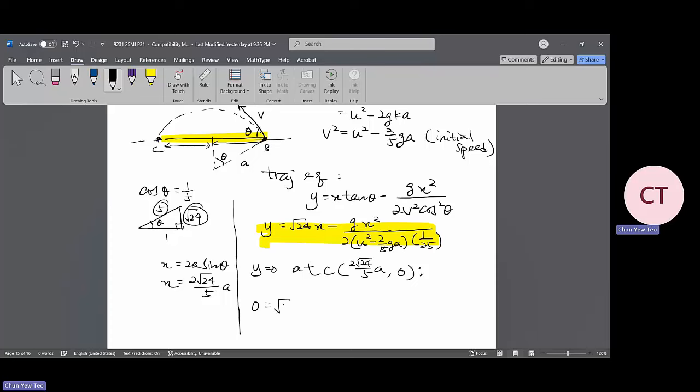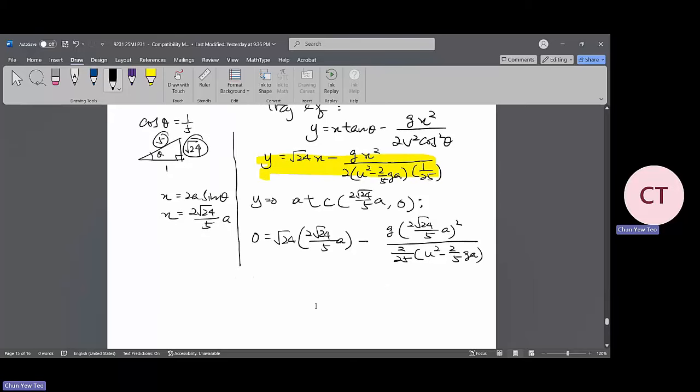Then the x is 2 root 24 over 5 a minus g x square divided by 2 over 25 u square minus 2 over 5 g a.